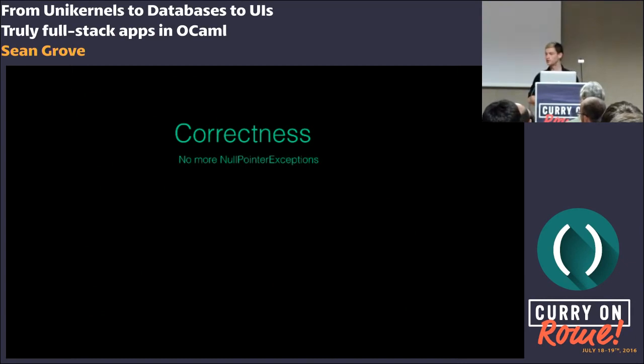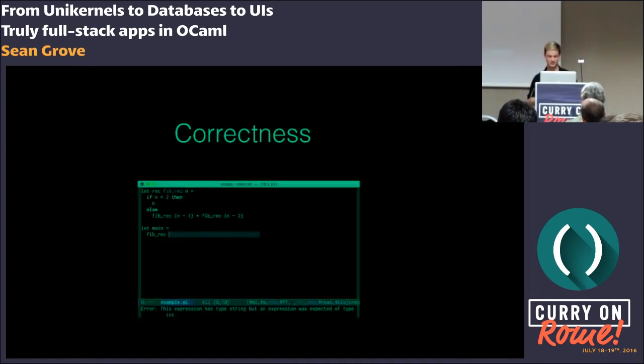As far as correctness goes, just due to the nature of the construction of programs, you get no more null pointer exceptions, no more undefined is not a function. And I spent a sad amount of my life chasing down these, so I'm always very happy that I don't have to see these. And in Clojure, I still see them. I like Clojure a lot, but I still see null pointer exceptions.